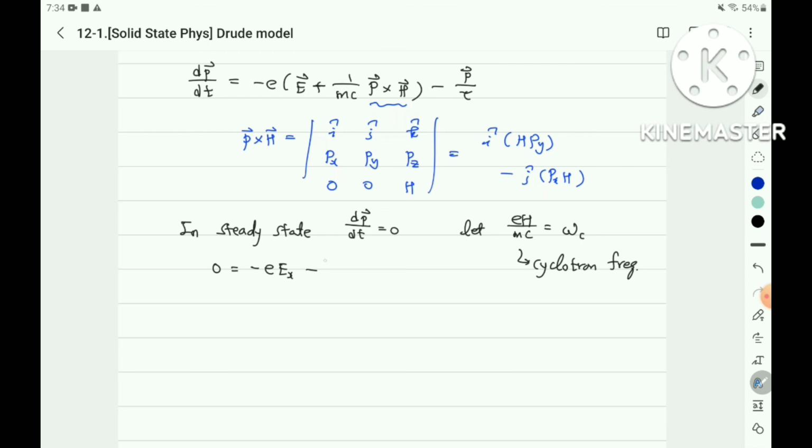Anyway, it is omega c py minus px over tau. It is the x component. And the y component is minus Ey minus omega c px minus py over tau. It is a steady state.